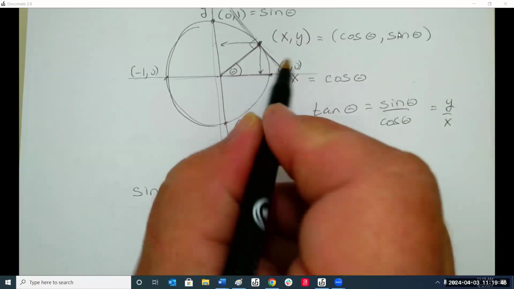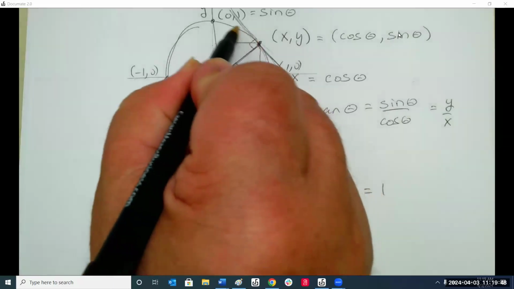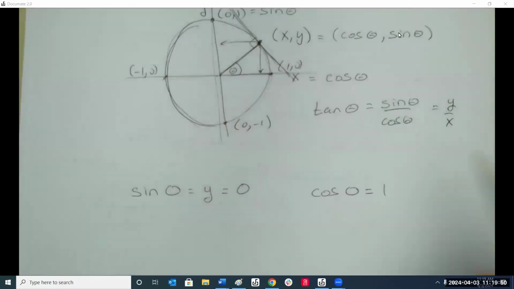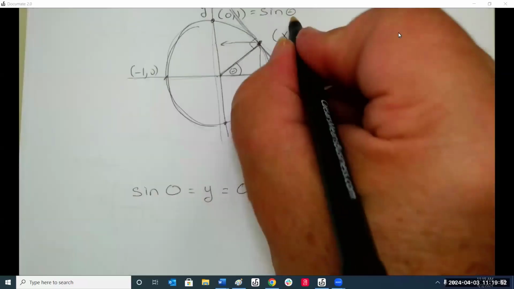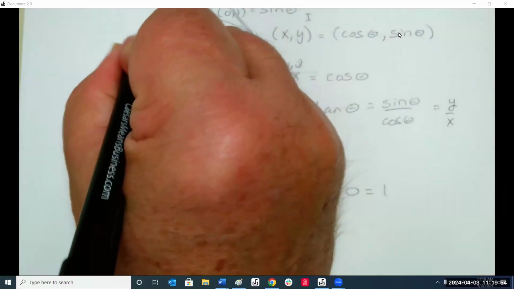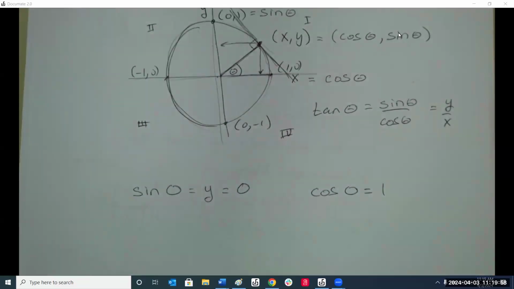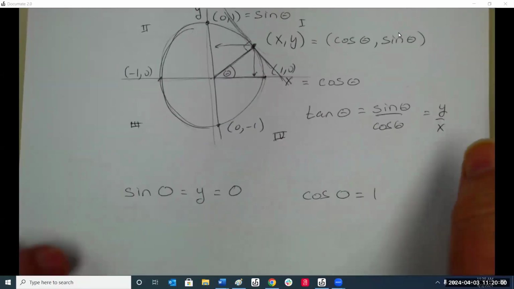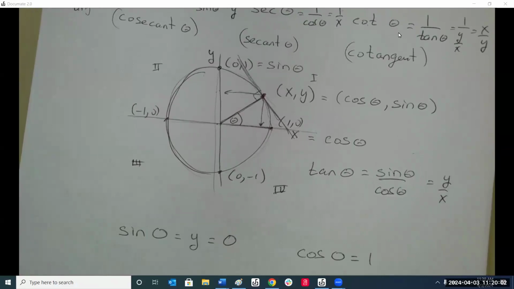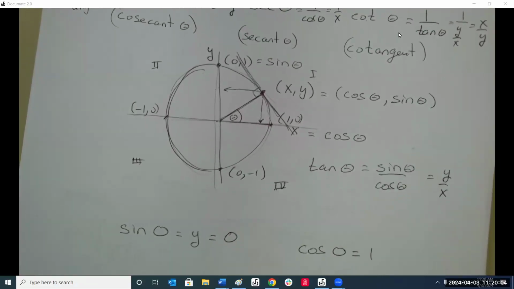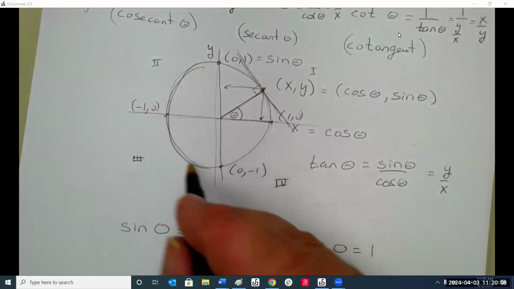In trigonometry, the angles go counterclockwise, from quadrant 1 to quadrant 2 to quadrant 3 to quadrant 4. Again, when we talked about the algebra part of this, it's because that's the motion of the sun. It starts in the east and goes to the west.